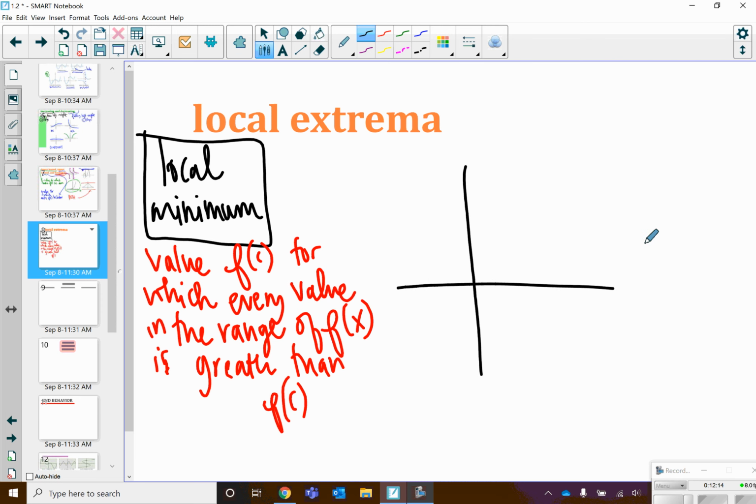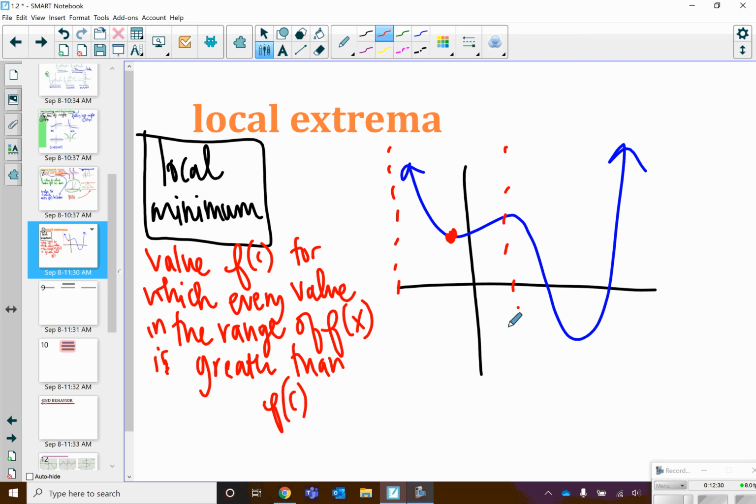So if I've got some function, let's say it looks like that. Here we have a local minimum where if I focus just from here to here, let's say, this is the lowest point there. Local is really just focusing on a specific range of values. A local maximum would also be the same thing, but it's just higher than every single value.